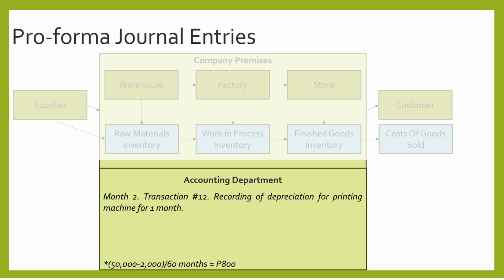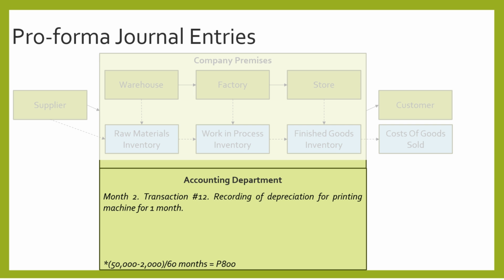As a recap, the cost of the machine is 50,000 pesos, with a salvage value of 2,000 pesos and a useful life of 5 years. To compute the monthly depreciation, we subtract 2,000 pesos from 50,000 pesos, which gives us 48,000 pesos. This amount is then divided by 60 months, or 5 years, resulting in 800 pesos.